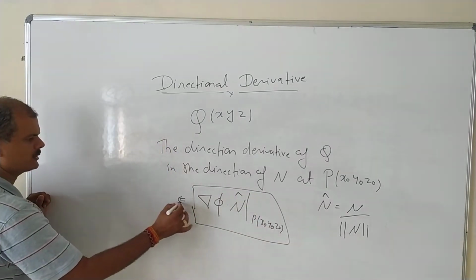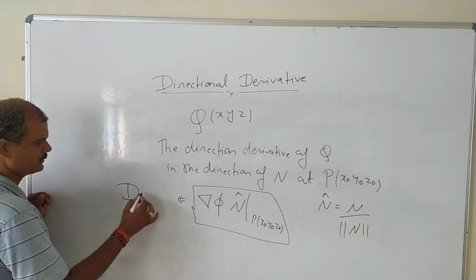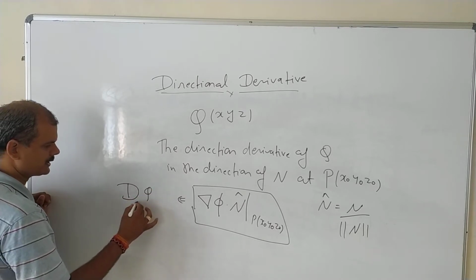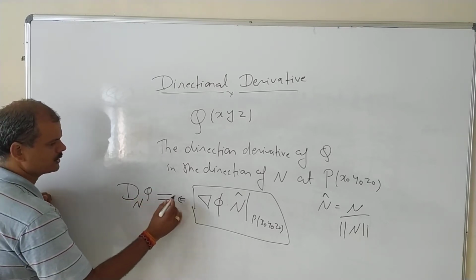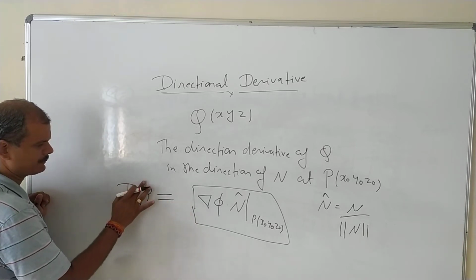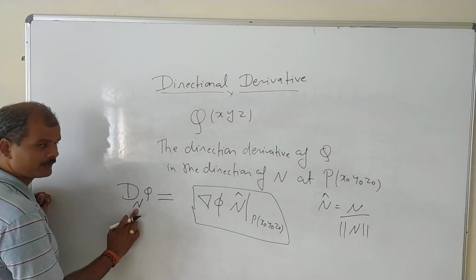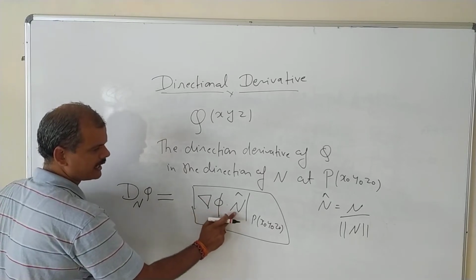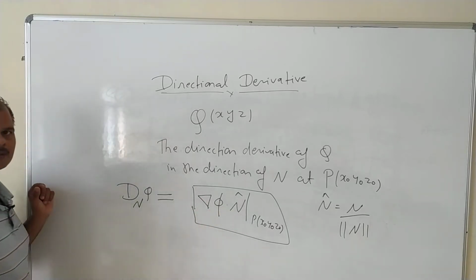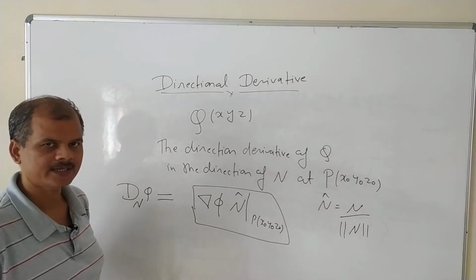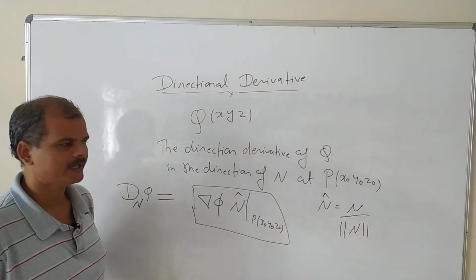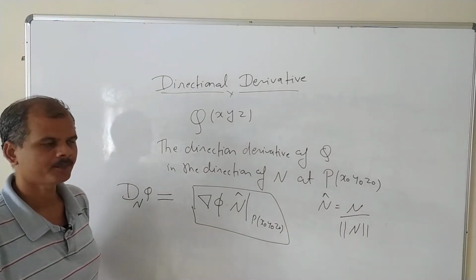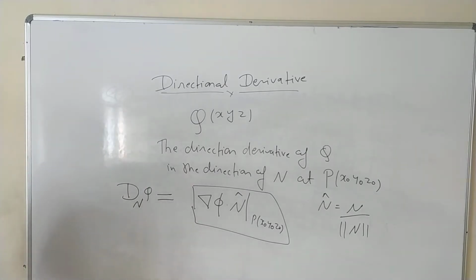In notation, the directional derivative of phi in the direction of n will be gradient of phi into n cap, where n cap is the unit direction. We divide by the magnitude, so we get the unit direction.